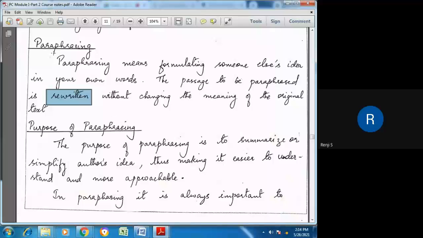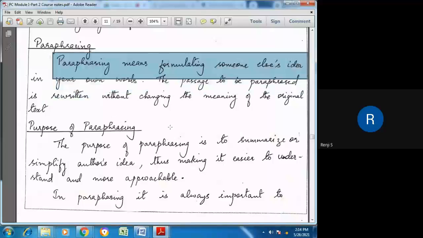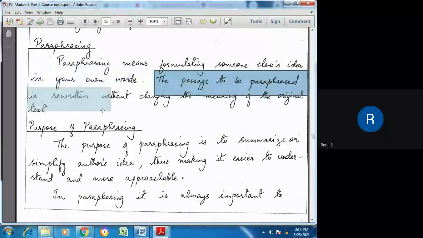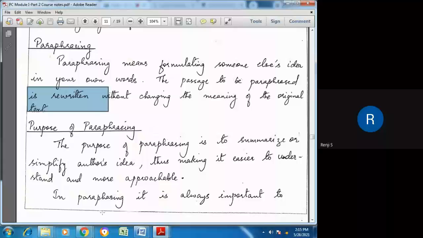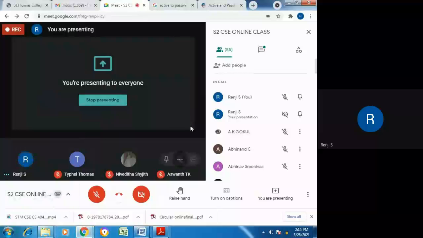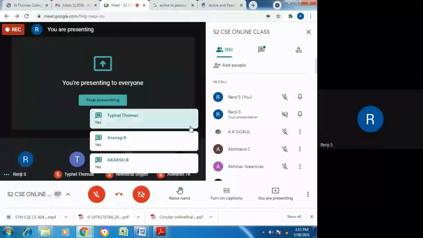You have to rewrite the paragraph without changing the meaning of the original text. Okay. Is it clear? Any doubt in that?